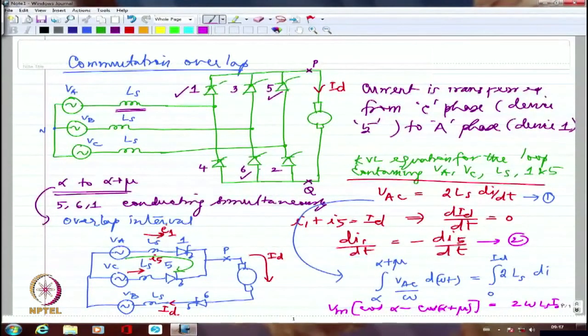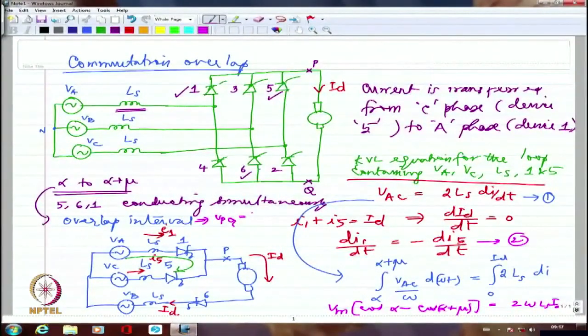One more equation we wrote, if you may recall, let me write that also here. I think we wrote what is VPQ during the overlap interval. So we calculated first of all what is VPQ, which is the DC link voltage, and we wrote it as VAB plus VCB divided by 2.